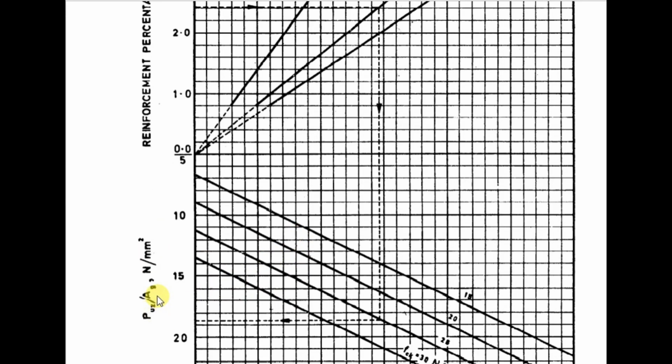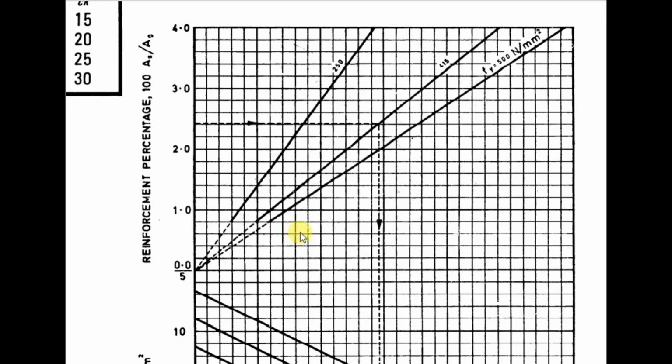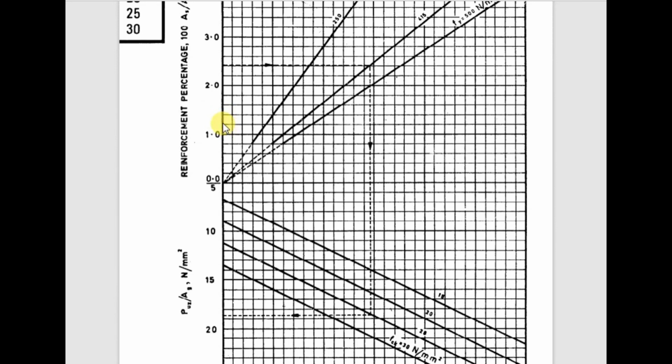Let me show you. Let's draw the line according to our values. Reinforcement percentage we have 1.2. So let's start from here, and then we have to touch the FY 500 value. Now we go down according to the arrow mark shown. We have to go till FCK 30. Sorry, we have to go till FCK 25.